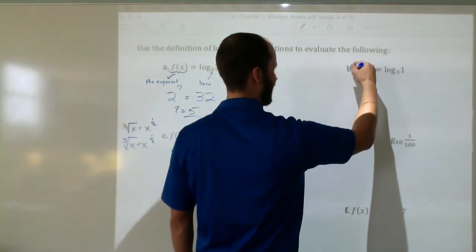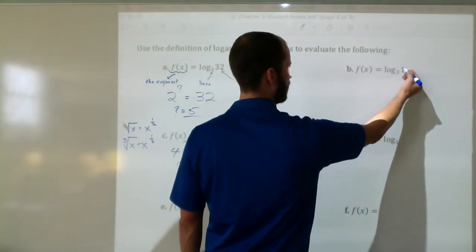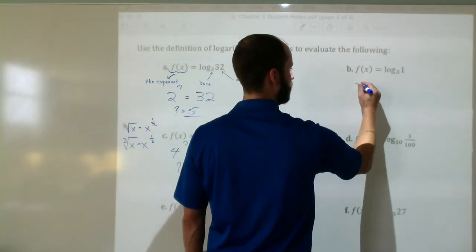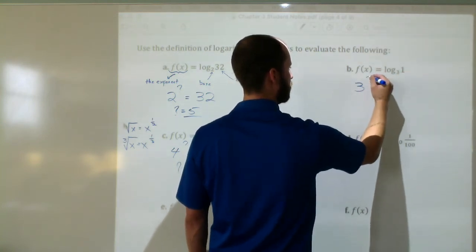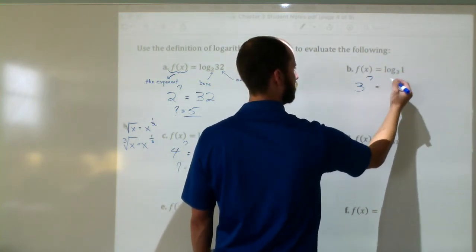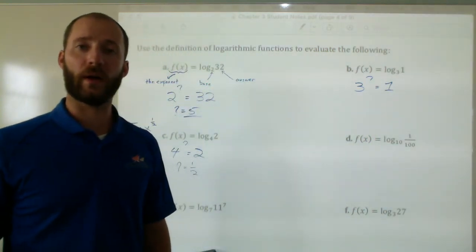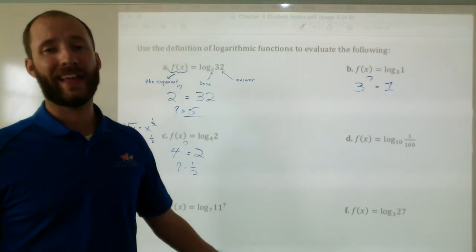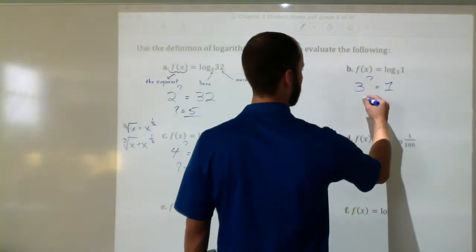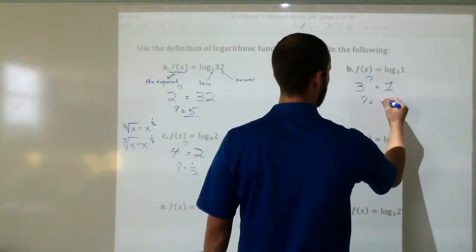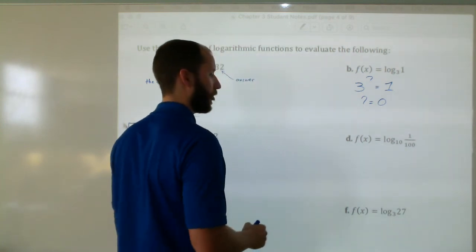Over here, this is my exponent, my base, and my answer. So my base, 3, cross over to my exponent equals my answer, 1. So 3 to some power gives me 1. And of course, you know, anything raised to the 0 power gives you 1.